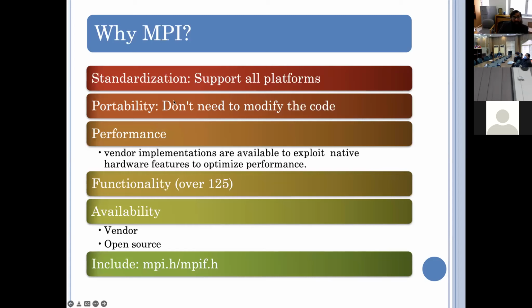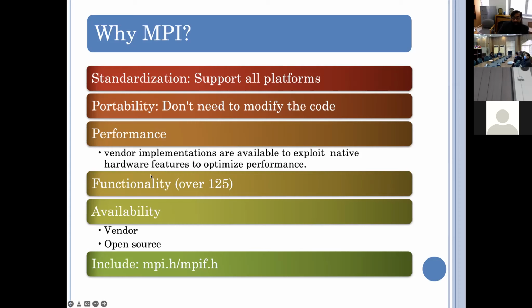This is the standard because it supports all platforms. You can do MPI programming on Intel machines, AMD machines, IBM Power PCs, Fujitsu Siemens. You just need to include a header. If you are programming in C or C++, you just need to include mpi.h, and for Fortran, you need to include mpif.h. The main thing, as a programmer, is the functionality.